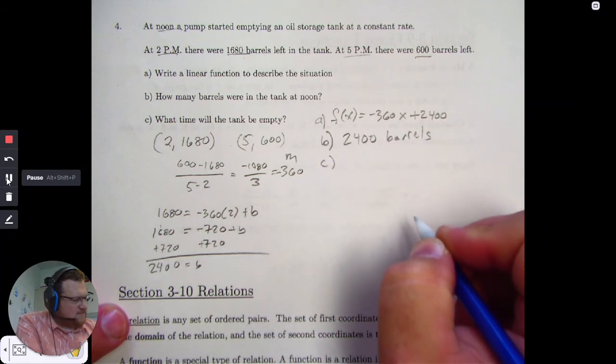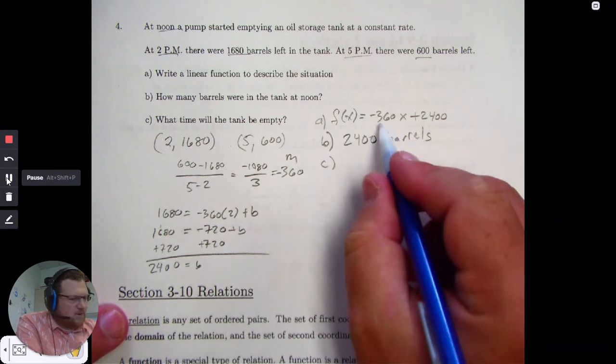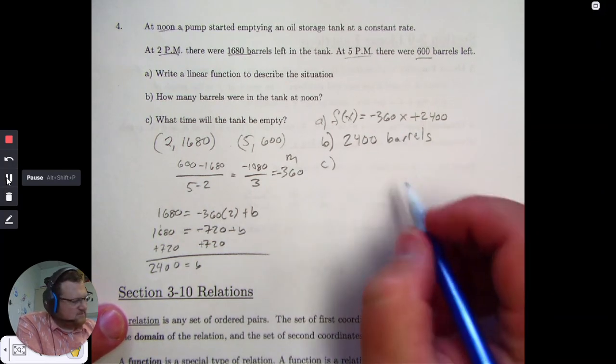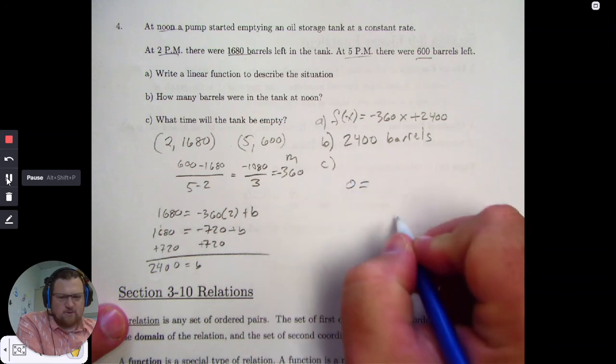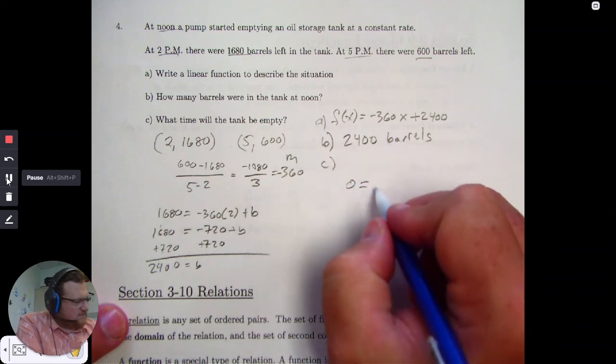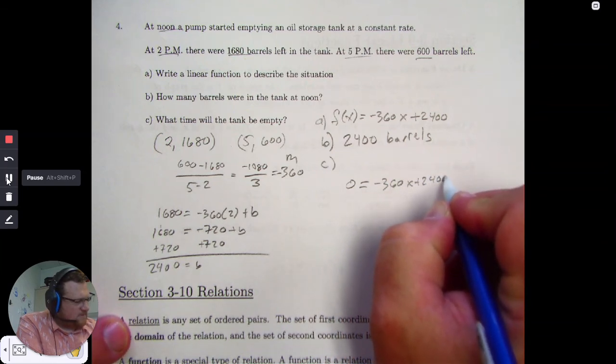And then C says, at what time will the tank be empty? So we want to know when this equals 0. So we put in 0 for our output, equals negative 360x plus 2,400.